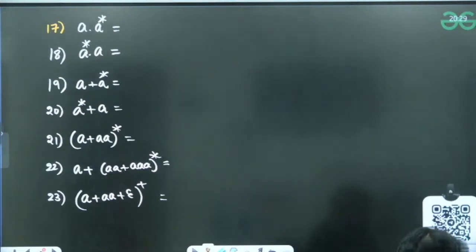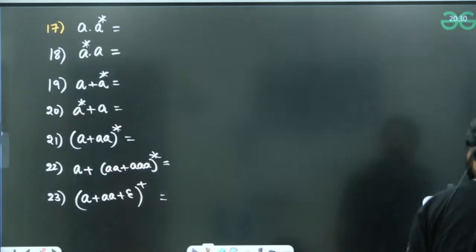Everybody able to solve till 23? Please answer till 23. 21 you have answered. All are correct. 22 and 20. Solve for you.